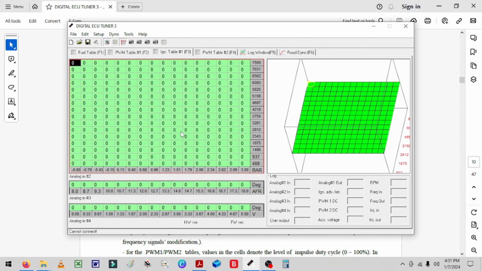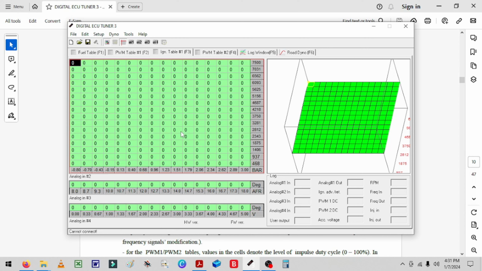So say we did that, we would highlight our entire 3D map here, and we would minus 10 degrees. Well, that didn't do it, so hold on. Minus 10 degrees.